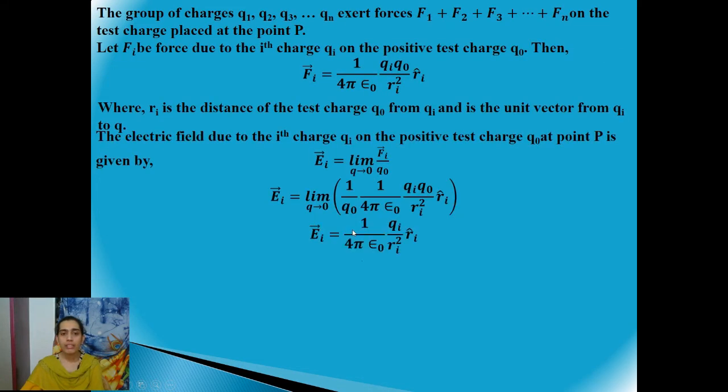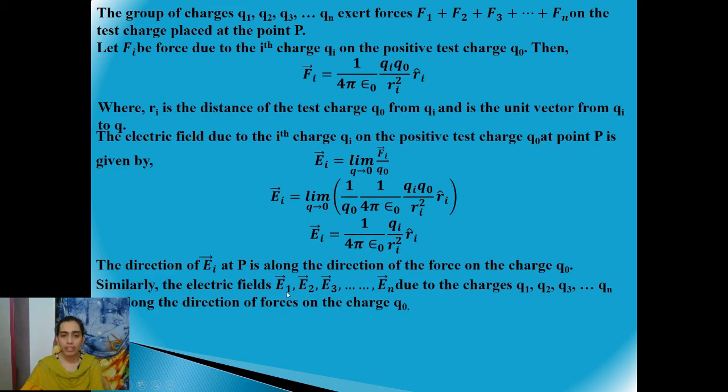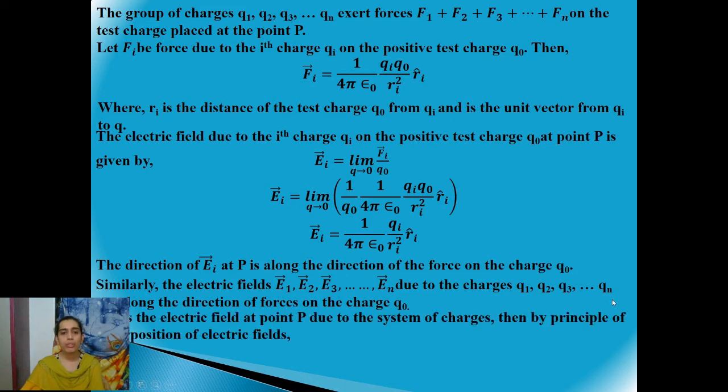So we can assume that vector E1, vector E2, vector E3, and so on up to vector En are all the electric fields due to the charges Q1, Q2, Q3, and so on up to Qn on the test charge Q0. If vector E is the total electric field intensity at the point P on the test charge Q0, then according to the principle of superposition, what does it state?